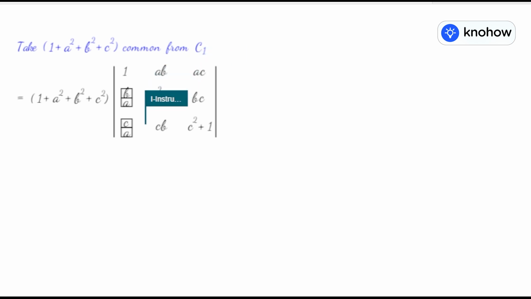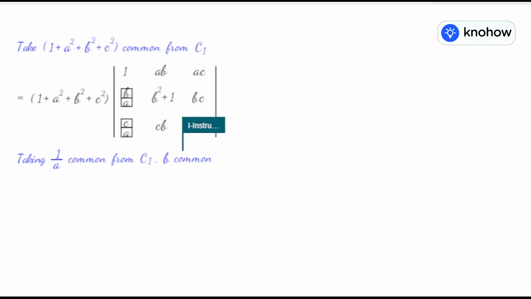So now, taking 1 by a common from column 1, b common from column 2, and c common from column 3. Why are we doing so? Because then you will find all the three elements in a row will become a. That will help you. So now, taking 1 by a common from column 1, what do you get?